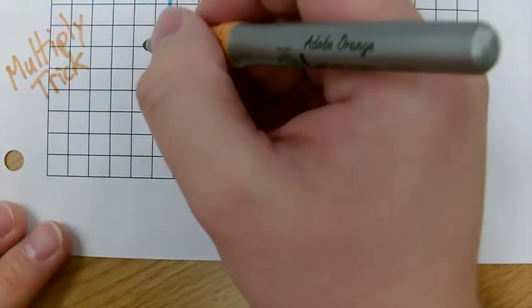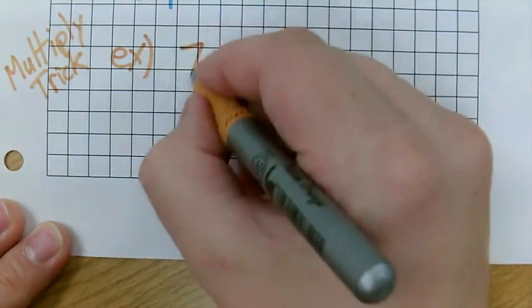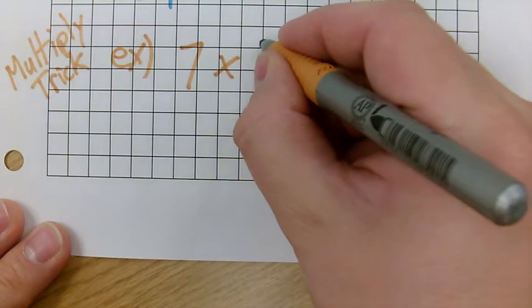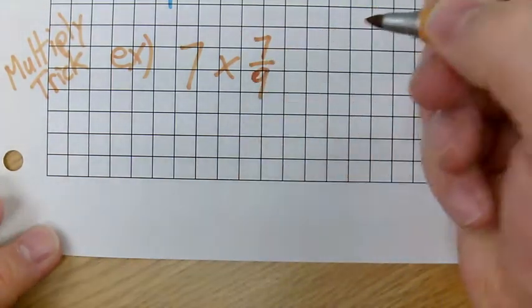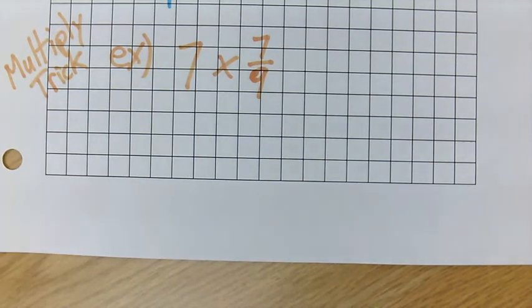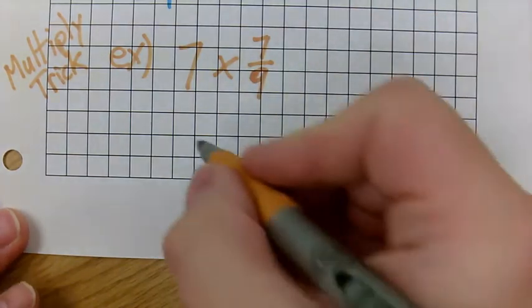And finally, the last one is what I call the multiply trick. So let's take any example here. Let's do 7 times 7/9. With this one, all you have to do is multiply this number times the top.